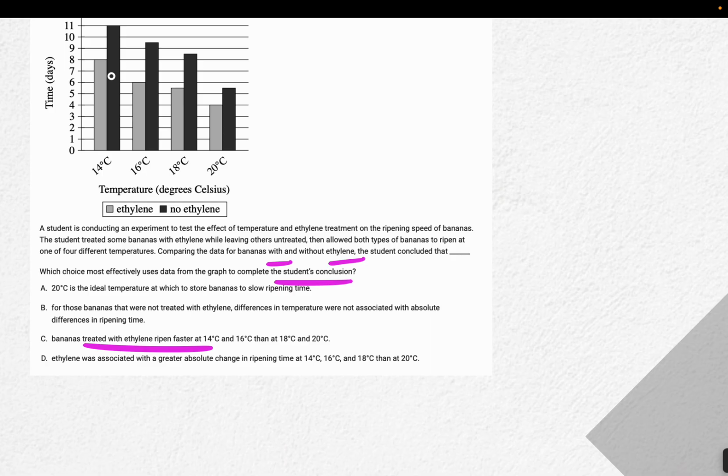So bananas treated with ethanol ripen more slowly, not faster, at 14 and 16 Celsius than at 18 and 20 Celsius. Since we're sure A and C are incorrect, B is in fact correct. So we choose answer choice B.